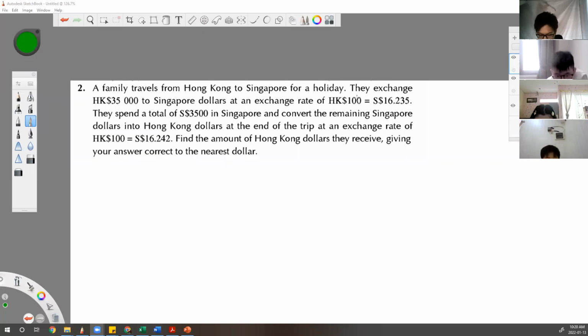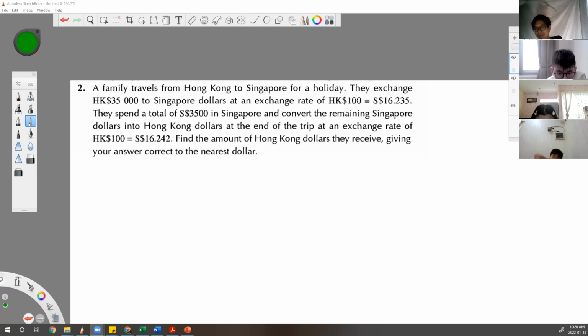And what is the question asking you? So there is a family, one family. One family wants to have a holiday from Hong Kong to Singapore. So at first they surely have Hong Kong dollars, right? They are from Hong Kong, the story is Hong Kong people who want to go to Singapore, with 35,000. In Singapore, the 35,000 Hong Kong dollars is supposed to be converted into the country's amount, into Singapore, right?